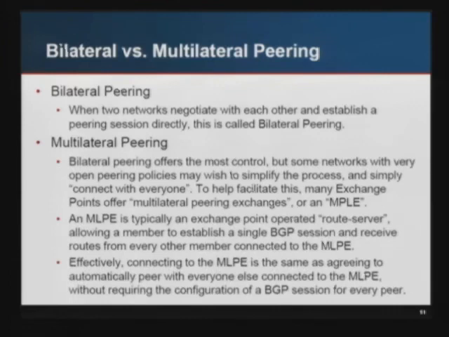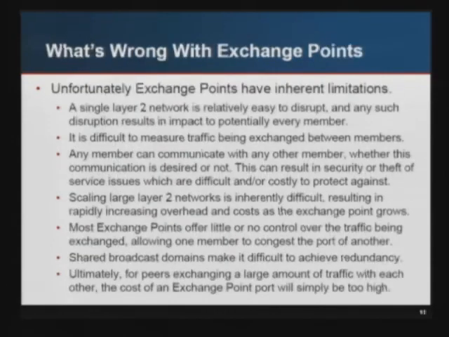So it's for people who are completely open peers. They want to peer with everyone, and they want to make the process as simple as possible. Anyone that connects to this exchange automatically peers with you, and there's no work required. That's called a multilateral peering exchange, or MLPE. I basically described the rest of it. It's just a way to simplify the process.